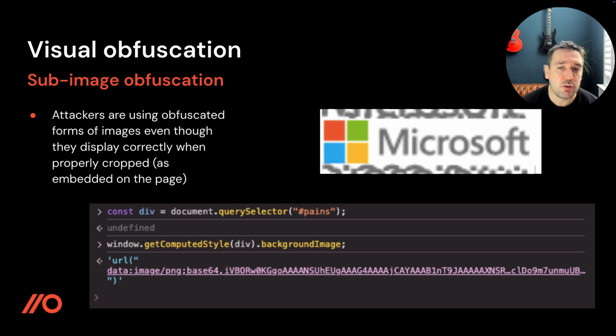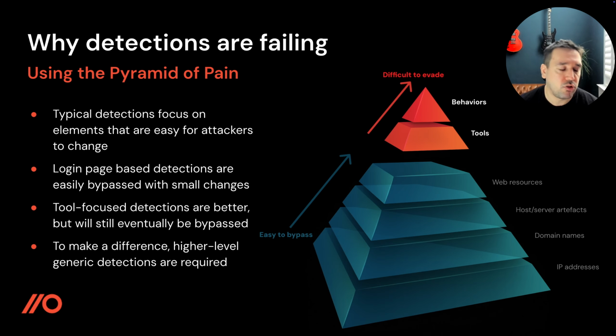That means even if you are able to calculate the real image within a div and then look at it, you'll find that that isn't actually the visible image. So it's like a sub-image obfuscation. You can see an example there where you've got this other text surrounding it so that it's not quite the same. Effectively, it's just another way of obfuscating what image is available. So you can see there are many different techniques being used here, both at the content and the visual level.